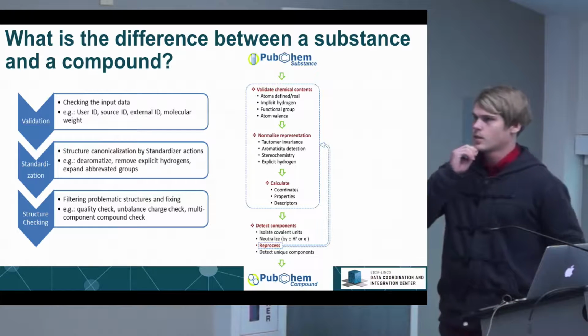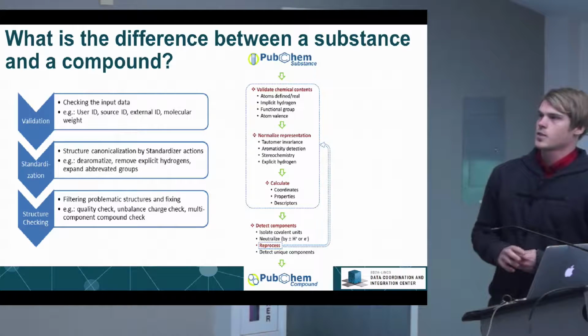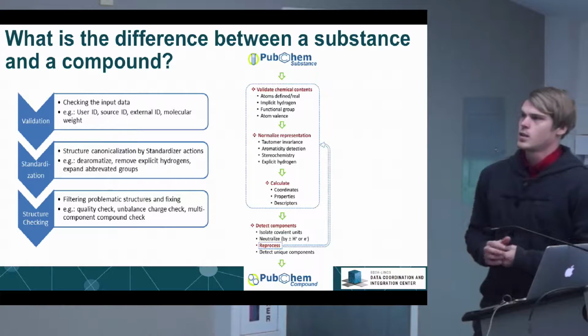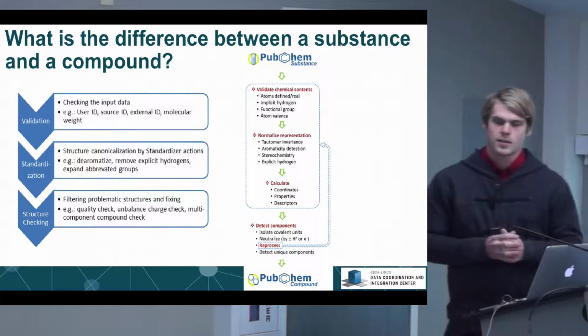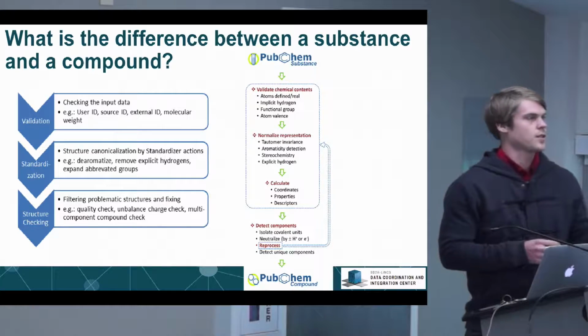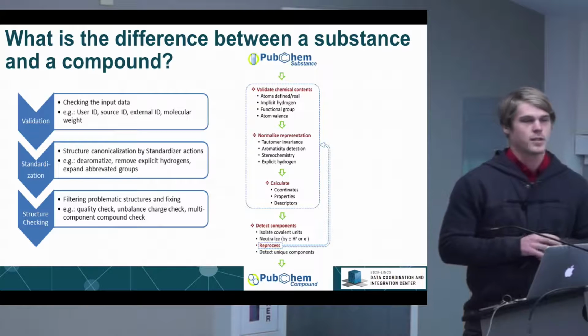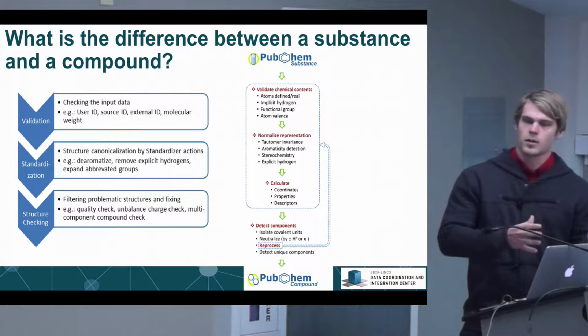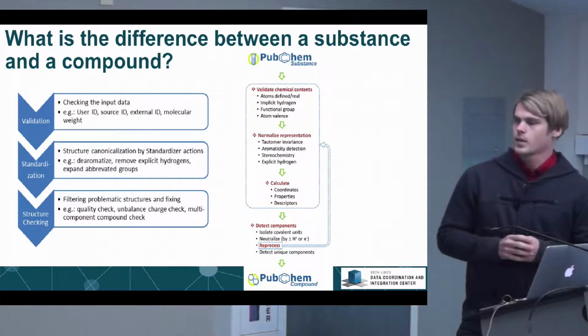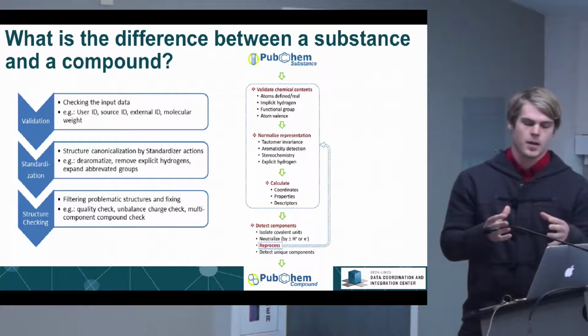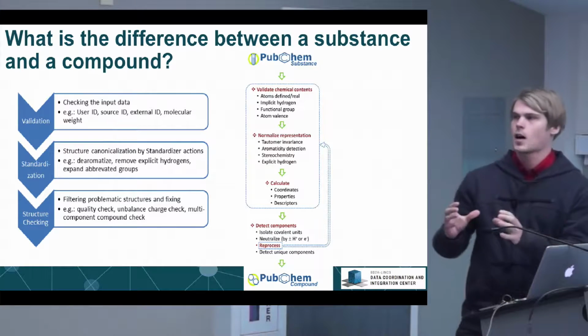So, taking a step back, what is the difference between a substance and a compound? A substance is something that is often used from a certain center or a certain assay, which is a small molecule, and after a standardization procedure can be classified into a class of compounds.